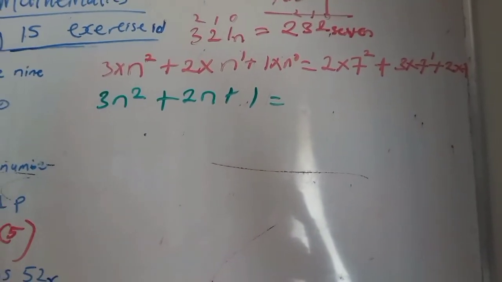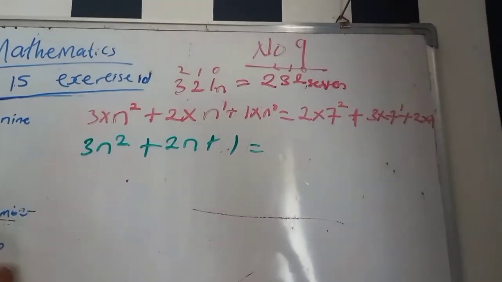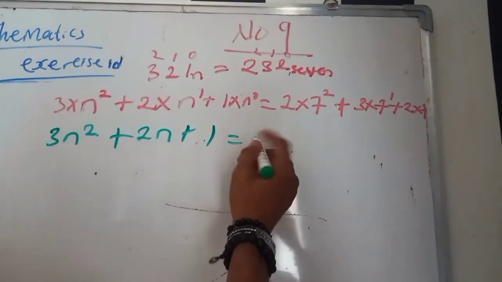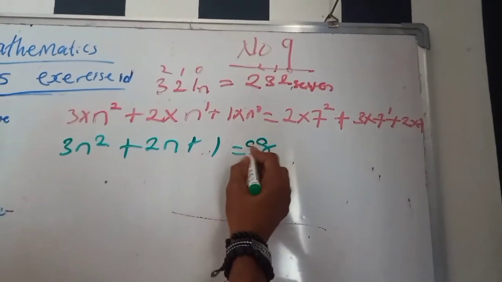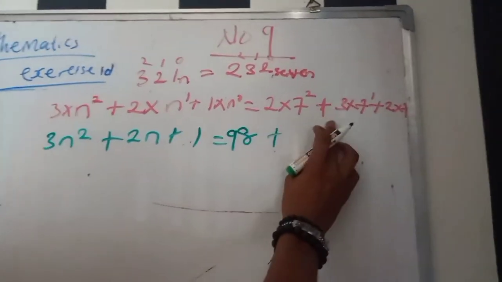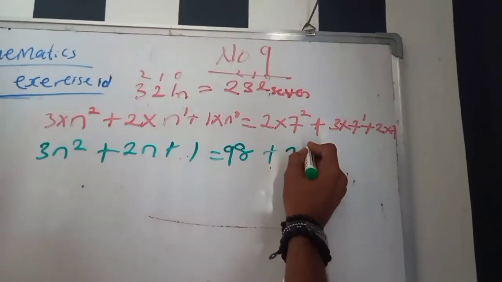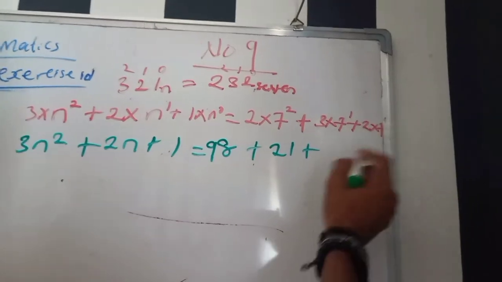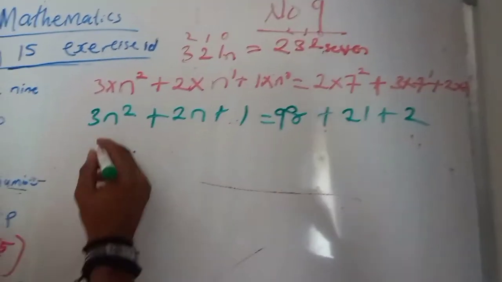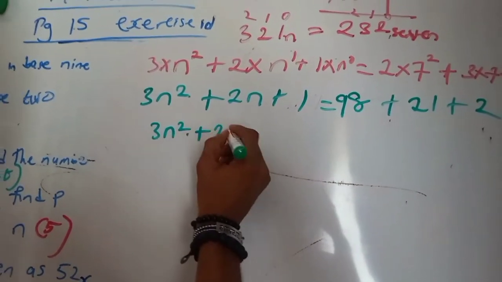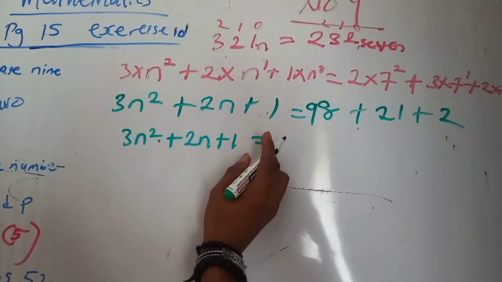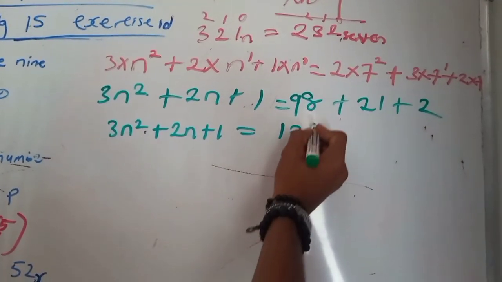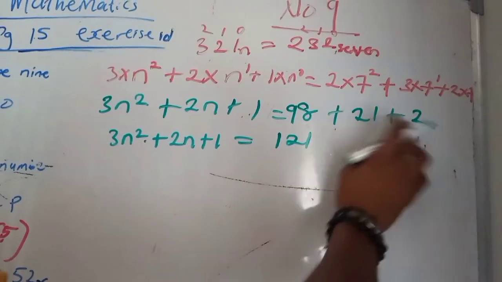So 49 times 2 is 98, plus 3 times 7 is 21, plus 2 times 7 raised to power 0, which is still 2. So we can say that 3n squared plus 2n plus 1 equals 98 plus 21 plus 2, which is what?